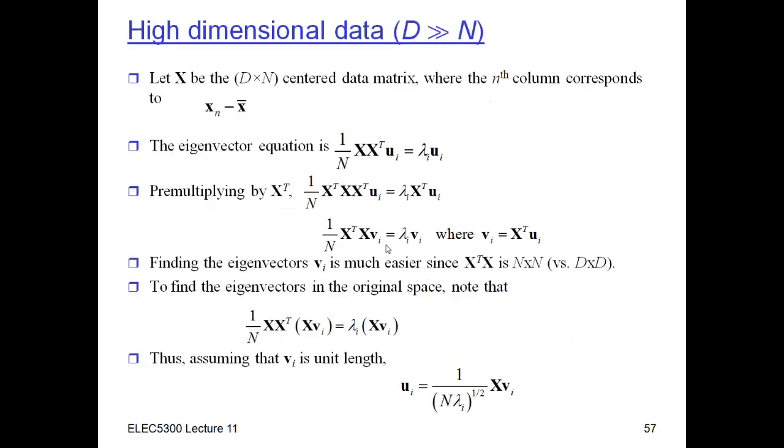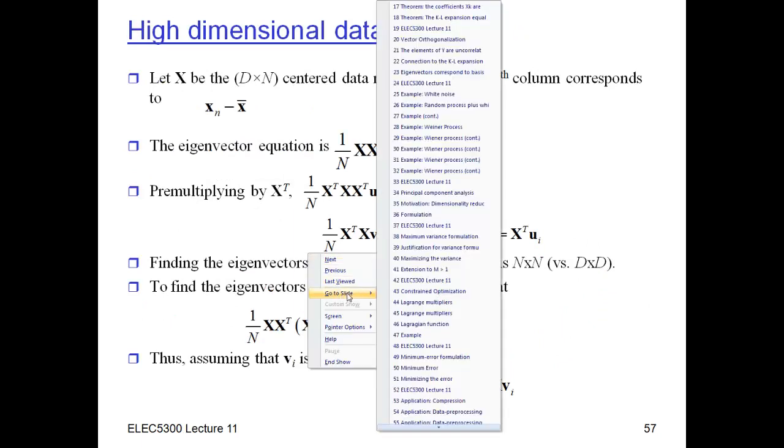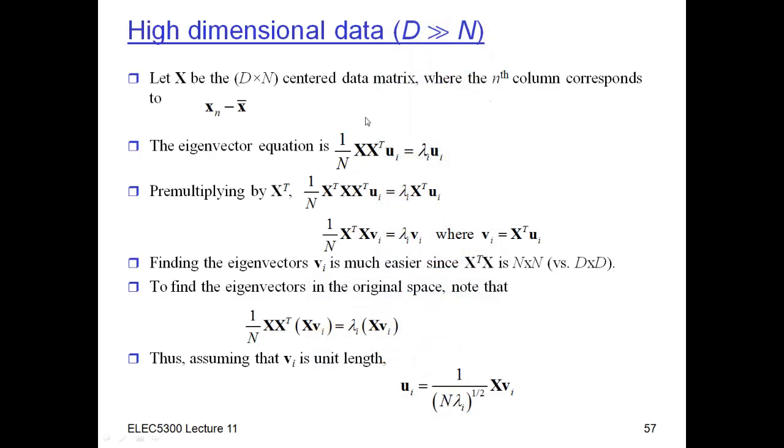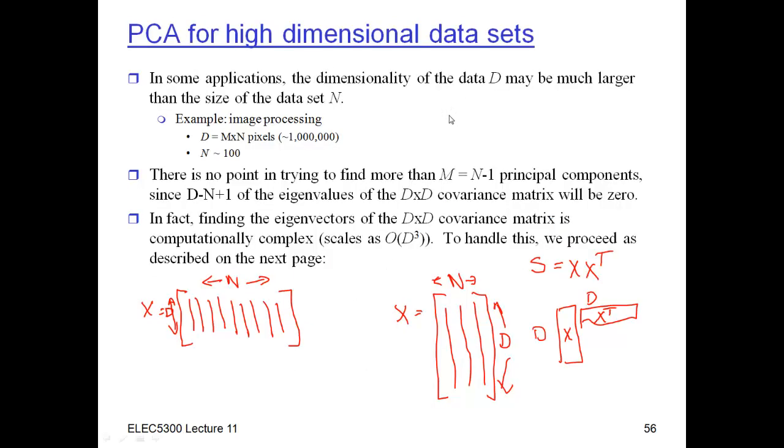So we can do that using a little bit of a trick that will help us change the need to invert a D by D matrix or find the eigenvalues of a D by D matrix into finding the eigenvalues of an N by N matrix. So we're going to do the same thing here. We have this X, which is the data matrix, now again D by N, right? So it's going to be this long skinny thing.